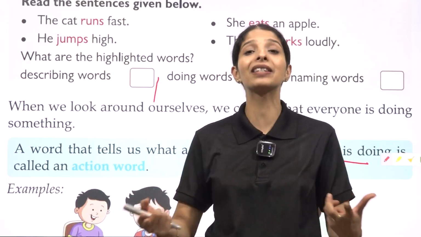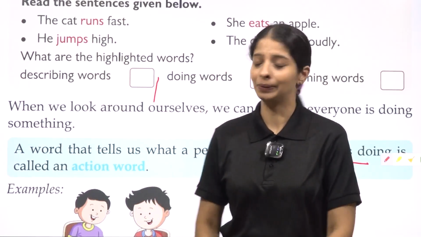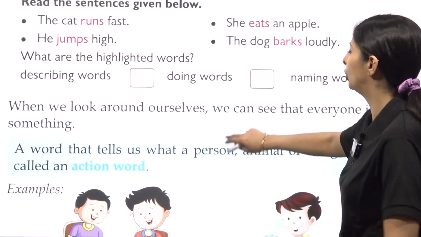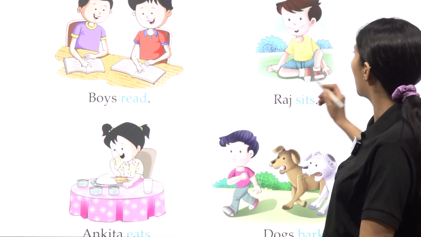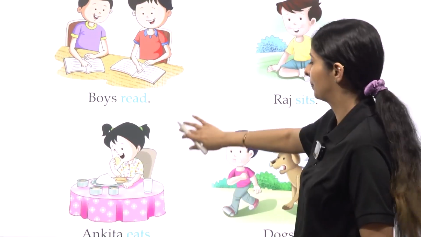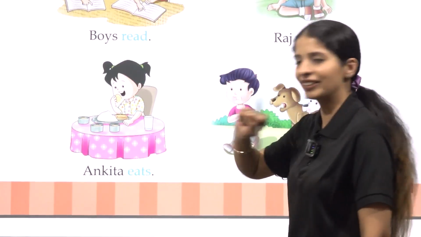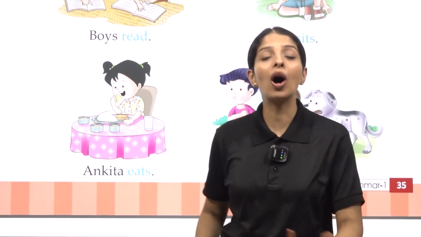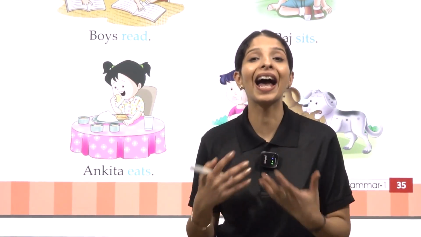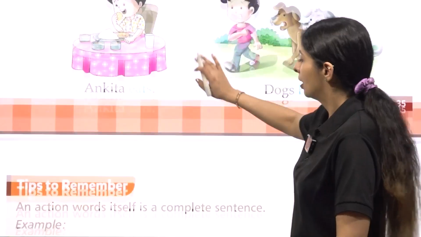Action word, that means that is a verb. Examples are given to you. Boys read. Raj sits. Ankita eats. Dogs bark. So these all are verbs, action words.